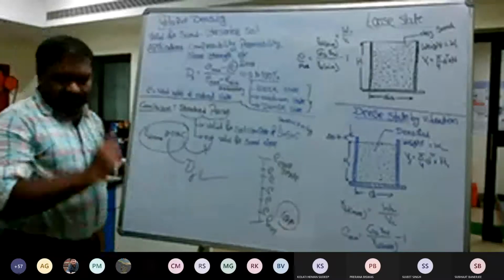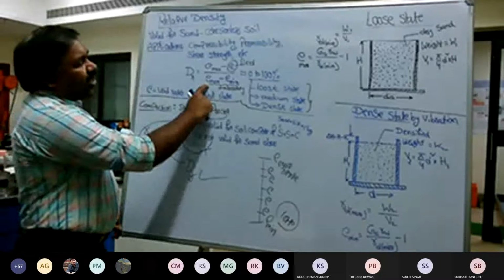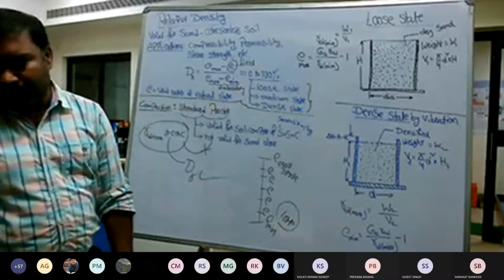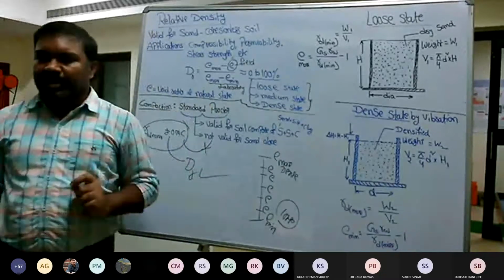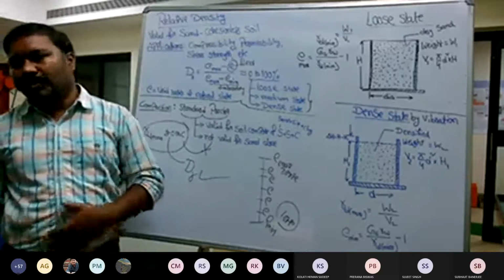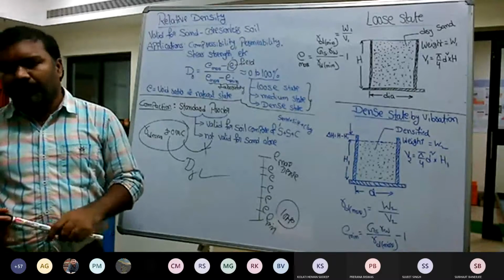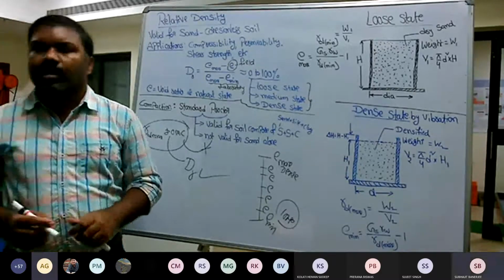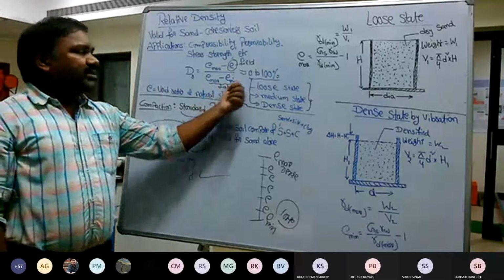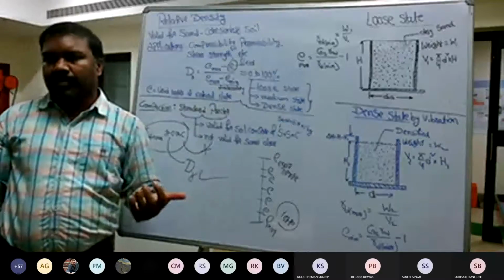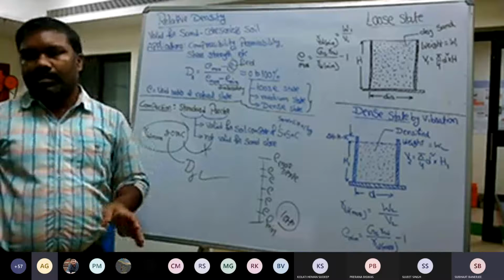Now one thing is certain. When I talk about e max, the maximum void ratio, what is the state of the material? Will it be in a loose or a dense state? Loose state. While when I say e minimum, dense state.